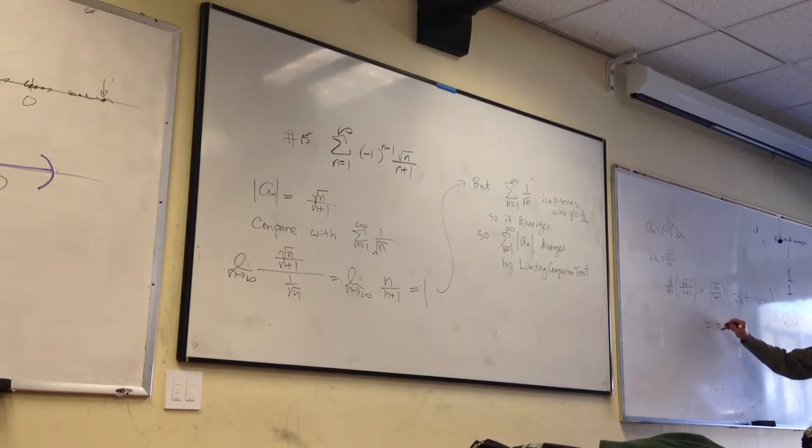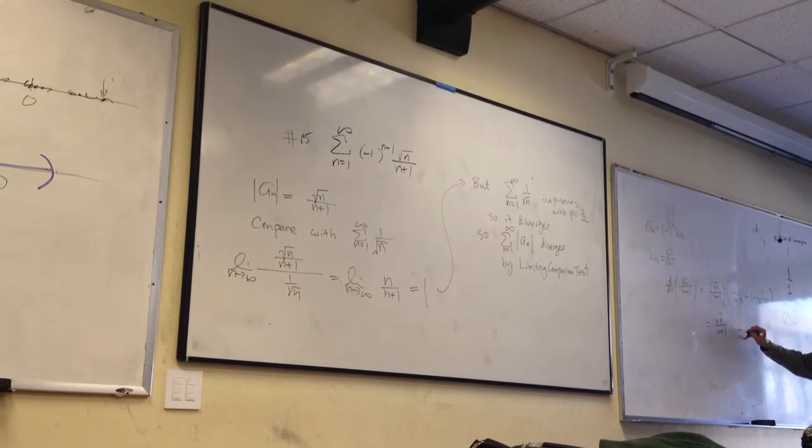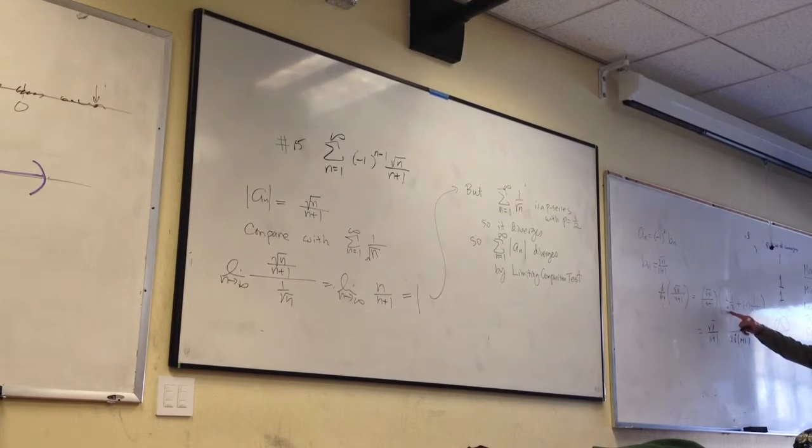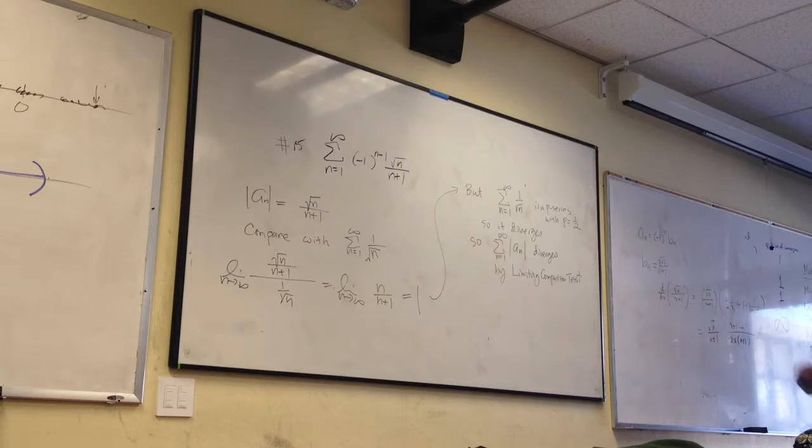And then, so this factor apart, you have what? You have 2x times x plus 1. Is that right? Okay? And then, if you make a common denominator, 2x times x plus 1, this one becomes x plus 1, and this one is minus what? 2x.